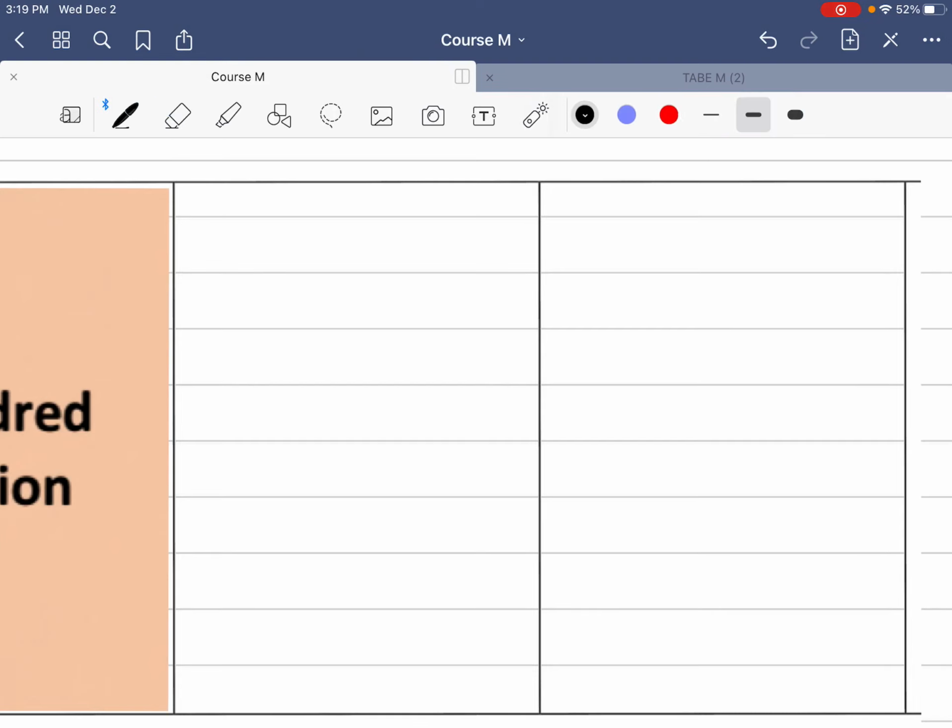It is 100,000,000. So there is 100 million, and this is called standard form.